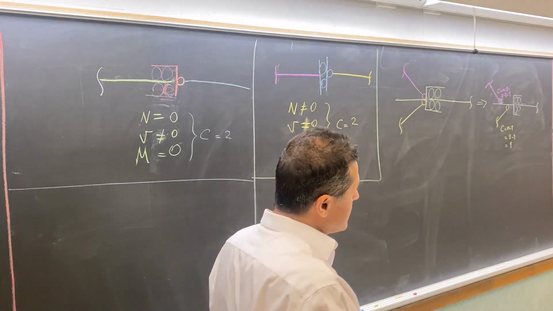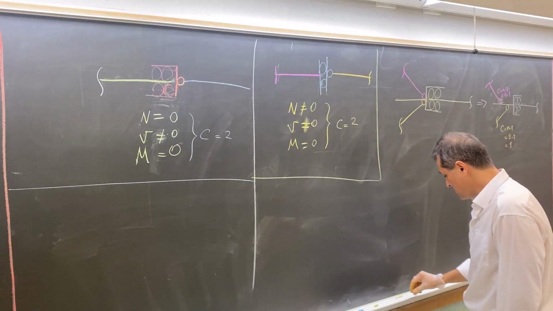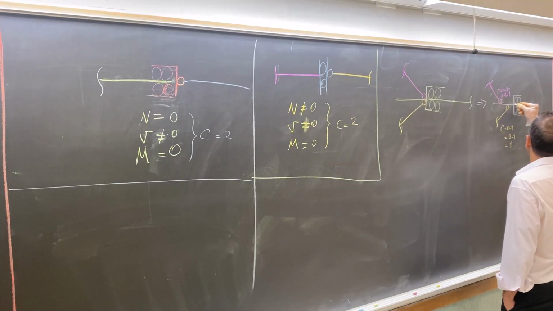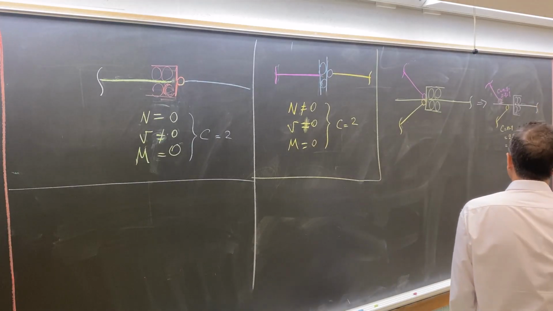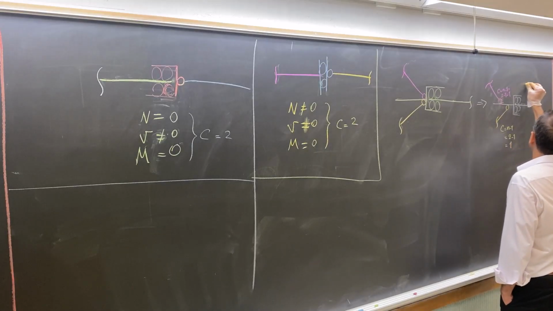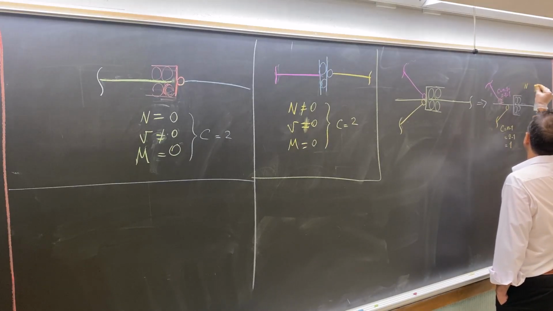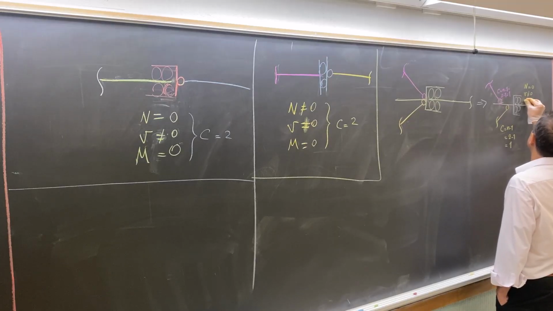And then there is that special connection, which doesn't have a name. So you have to follow the method. What about N? N is 0. Shear force is not 0. Moment is not 0.